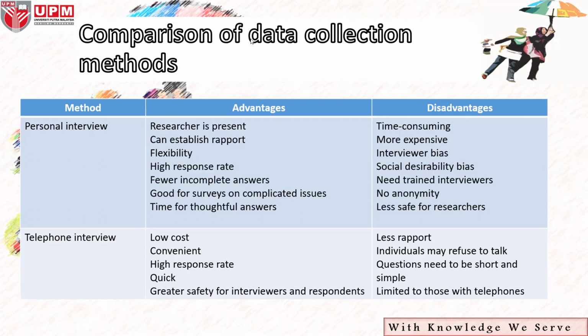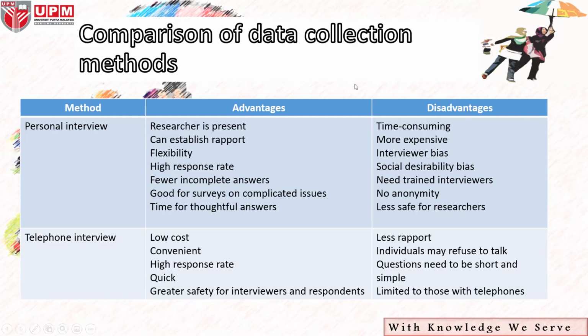Dia punya in terms of PNC, private and confidentiality of the information, dia ada isu tu sikit lah. But unless you secure them by making sure they sign the consent agreement form, then should be okay. That's why for qualitative, you should prepare the consent agreement form to be signed by your respondent.